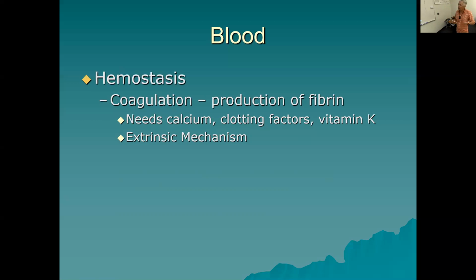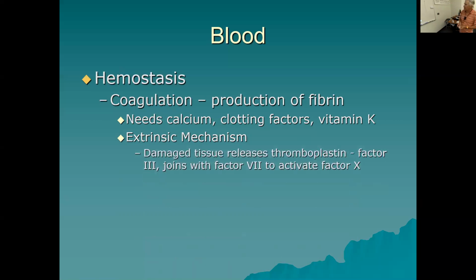Damaged tissue releases what's called thromboplastin, factor 3. Goes to factor 12, which is Hageman's factor, to activate factor 10. Now this is a very quick mechanism, but it doesn't make much of a clot, but it's really quick, so it really starts the process going on.